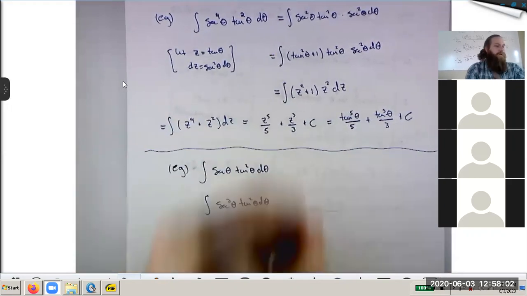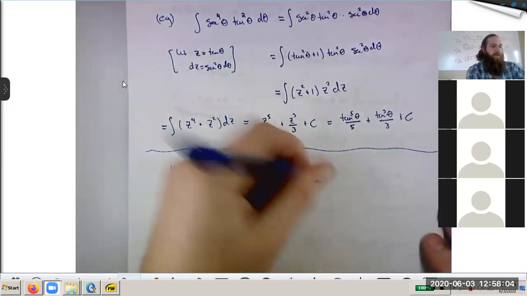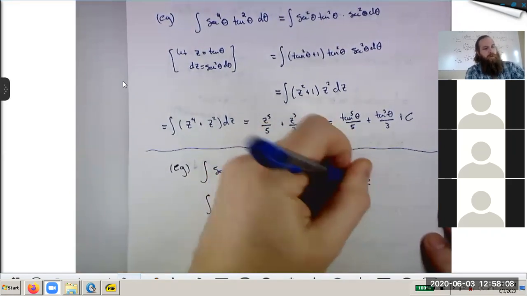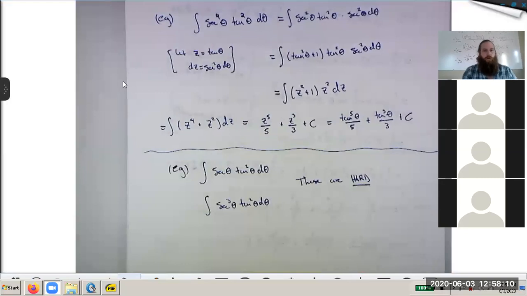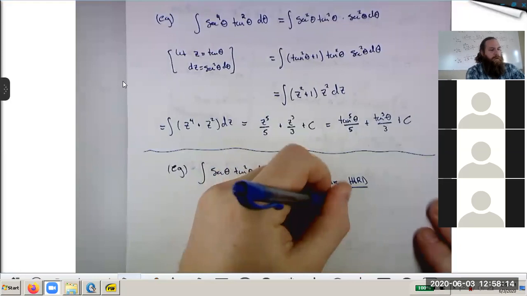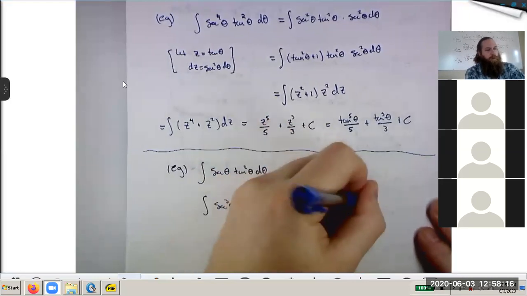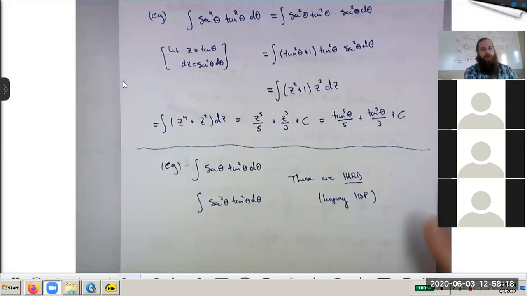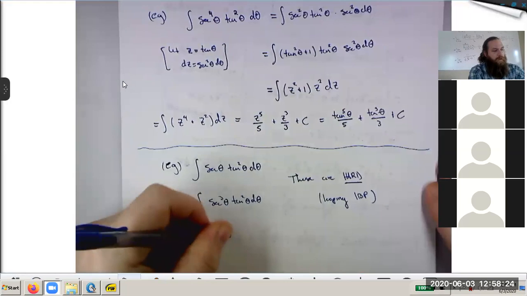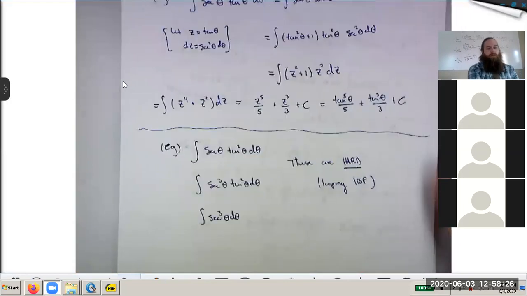These are hard. These are the ones that are going to require a lot of work. Namely, they're looping IBP problems. So we will tackle those. Of course, secant cubed on its own, we've already seen. These are the hard ones from section 7.2.